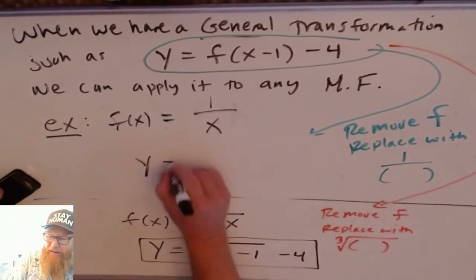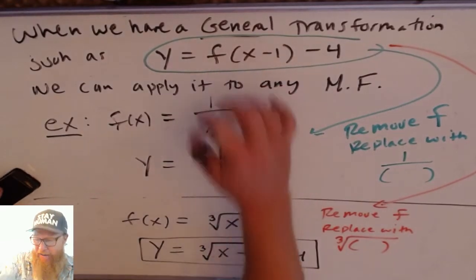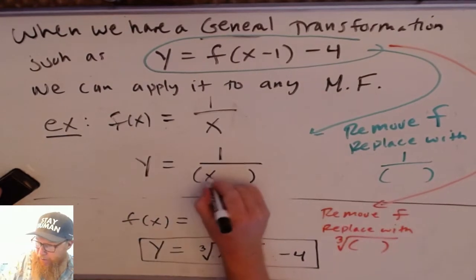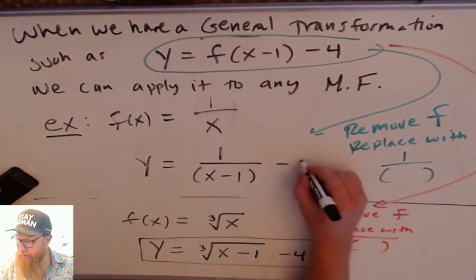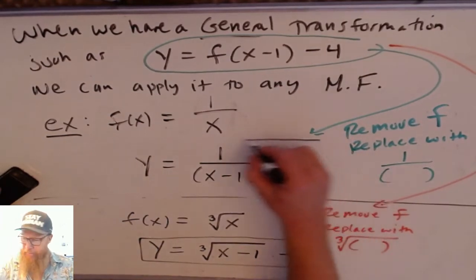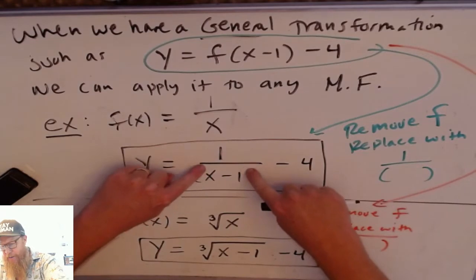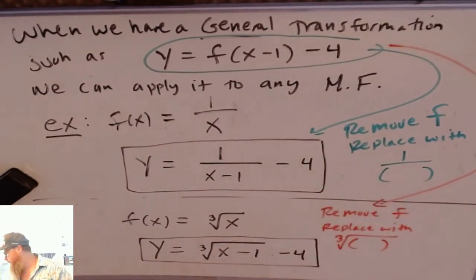So that'll be 1 over, that becomes the f, then the blank, and in the blank put whatever we call the argument. The argument is x minus 1 and then minus 4. And I already said this a minute ago, you can remove the parentheses if you like. If you want to leave them, you certainly can.